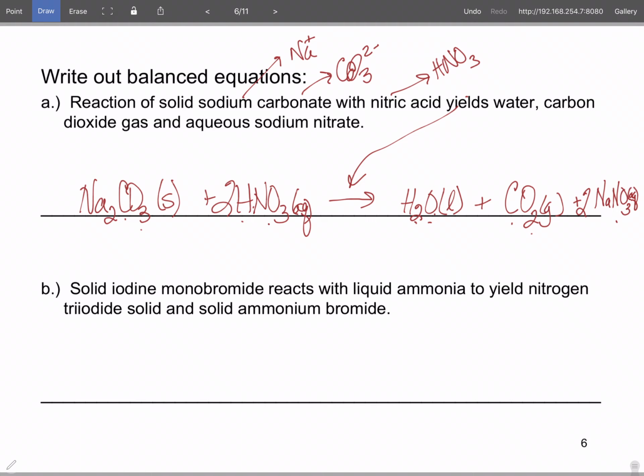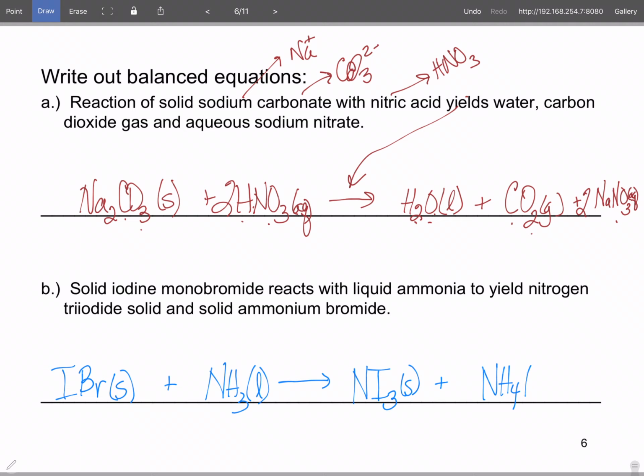Solid iodide monobromide. Okay, so iodide monobromide, solid, reacts with liquid ammonia. And ammonia is NH3, liquid. To yield, there's the arrow, nitrogen triiodide, that's 3, solid, plus ammonium bromide.